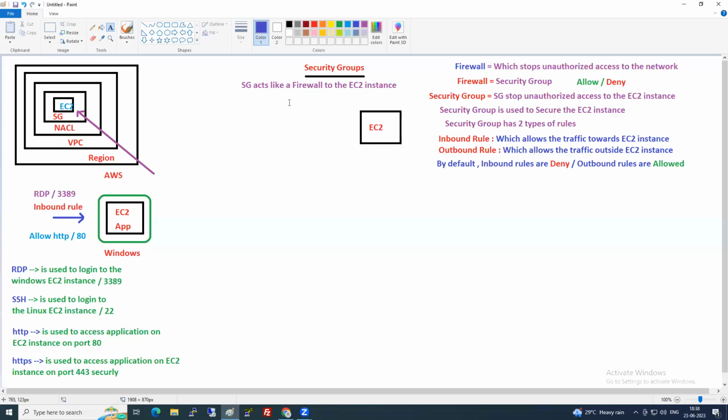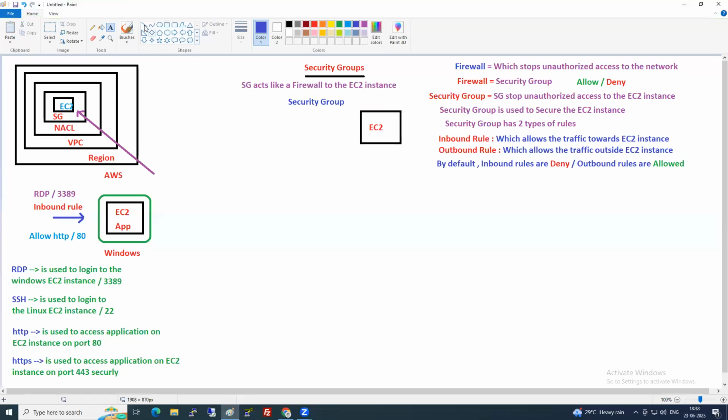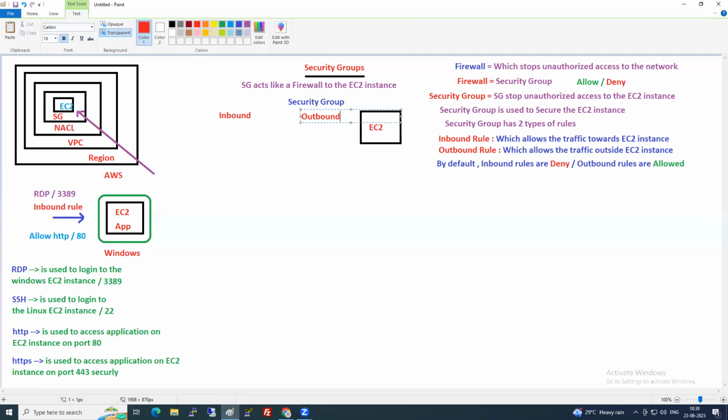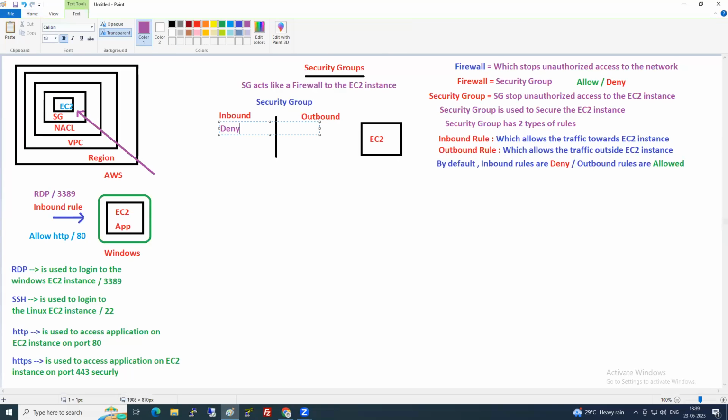So if you have an EC2 instance, it is secured by a security group. And in a security group, how many types of rules are there? Two types of rules. One is the inbound rule and another one is the outbound rule. By default, inbound rules are all deny, deny, deny.